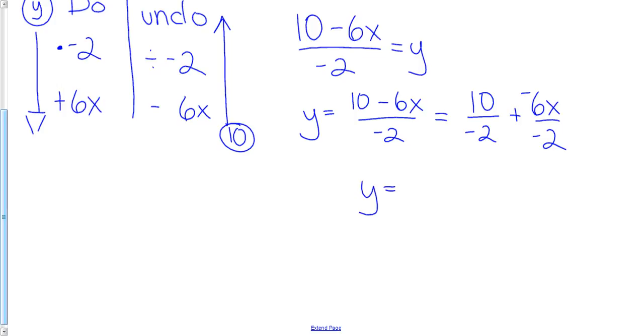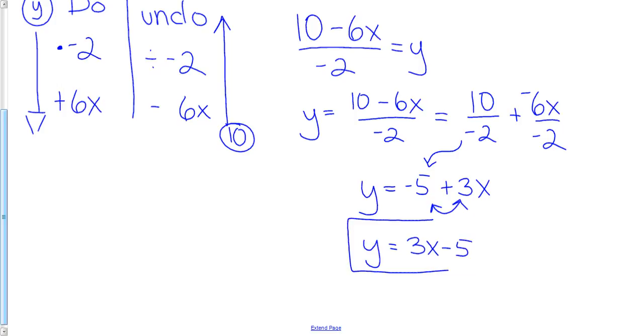So now I'm going to simplify. 10 over -2 becomes -5. -6 over -2, we have a negative divided by negative, so it is a positive. That's going to be a positive 3. So we have -5 plus 3x. In slope-intercept form, the order is simply switched, so I'm going to move it around, keeping the signs where they are, and we get y equals 3x minus 5.